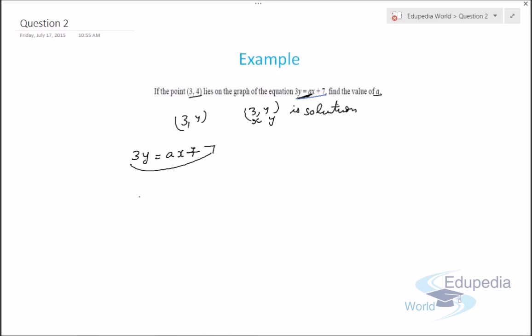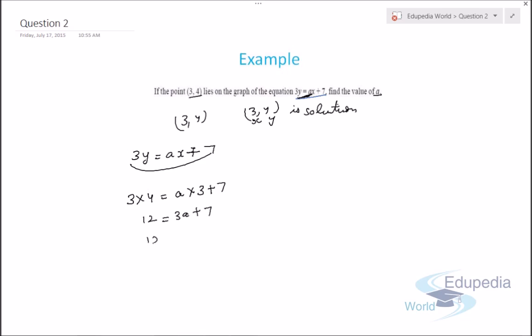So we can put the values of x and y in this equation. We'll write like this: 3 into y, which is 4, equals a into 3 plus 7. So that is 12 equals 3a plus 7.